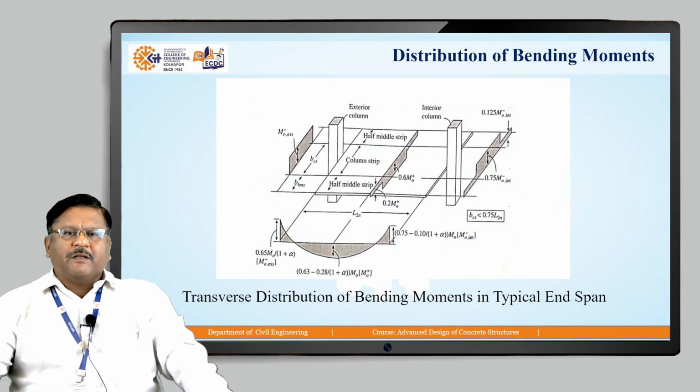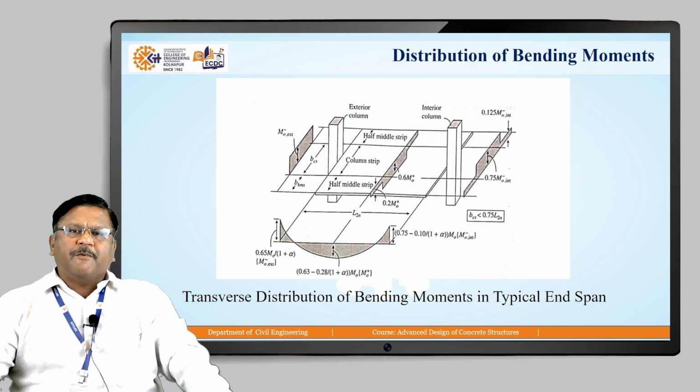Now see, if you refer to that figure, whatever I discussed in theoretical points is in the form of graphical representation. The total moment is calculated. 75% of that moment acts in the column strip, whereas the remaining 25% acts on the middle strips.